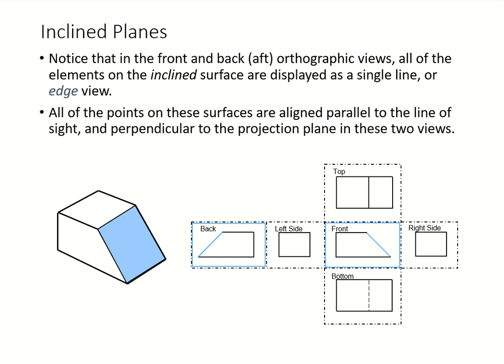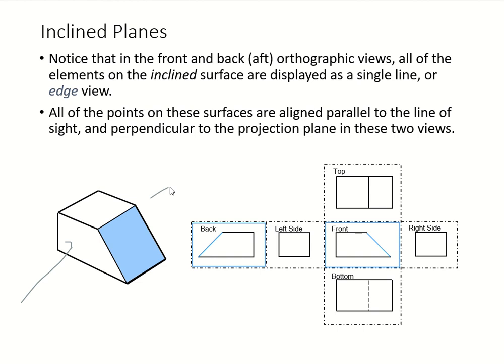Because the front is, let me take my pencil here. You're looking at it this way. So we're drawing that. And of course this edge right there is defining this inclined surface.